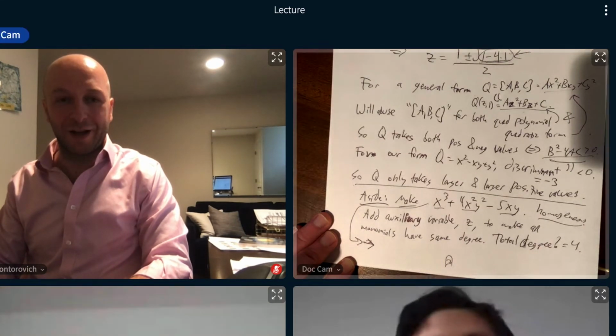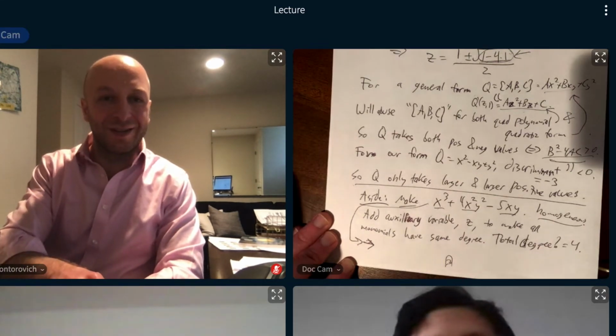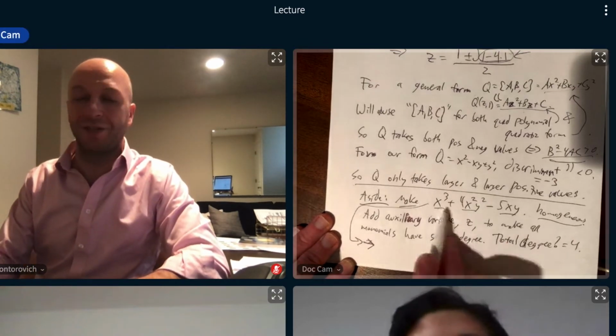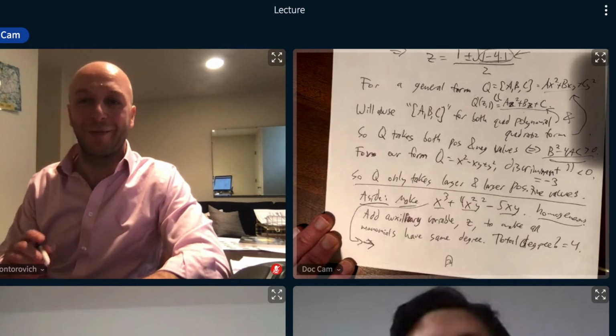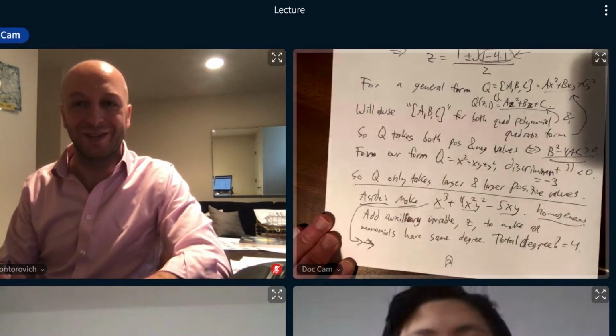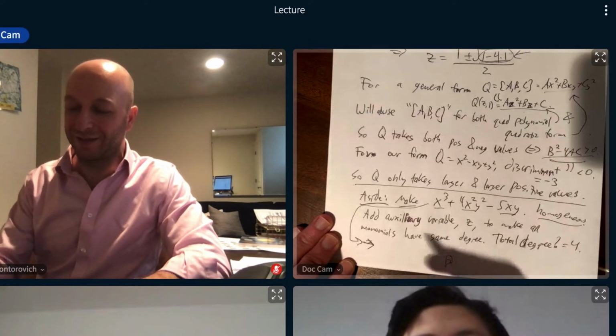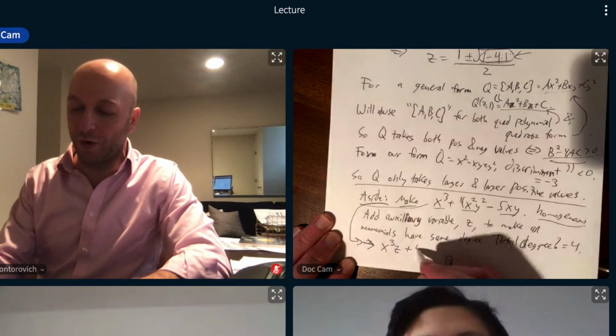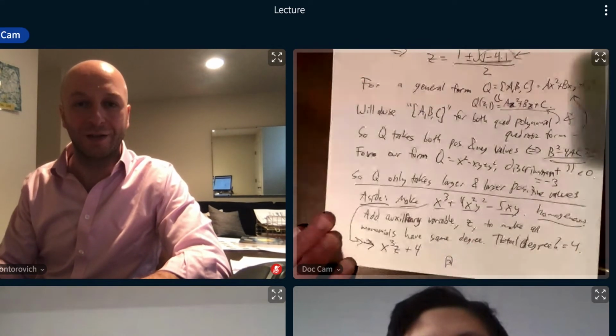What can I do with that extra variable? Yes, multiply. I can't multiply by x. That genuinely changes the polynomial. But I can multiply by another variable, which is my auxiliary variable, z. So I can replace x cubed by x cubed z. What do I want to do with the x squared y squared?